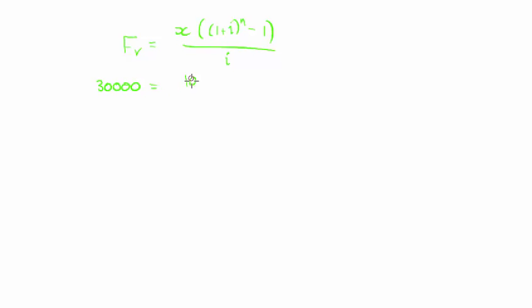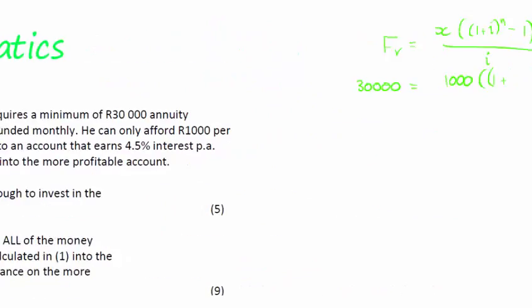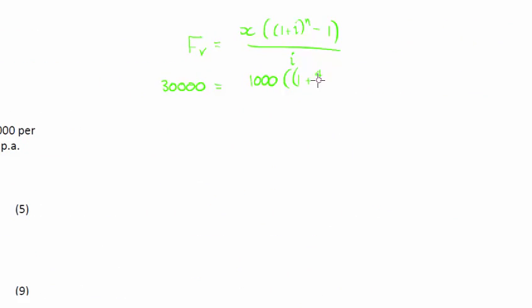I'm investing 1,000 a month and I'm earning 4% monthly. Was it monthly? Yeah, 4% monthly. Okay, I want to calculate how many investments it's going to take. After how many months will I be able to invest into the other one? Divided by 4 over 12,000. Okay, work it out for me.